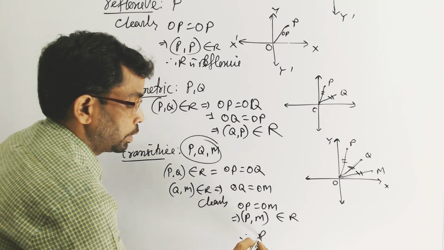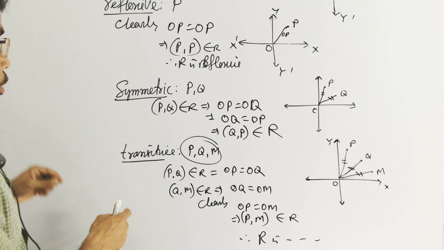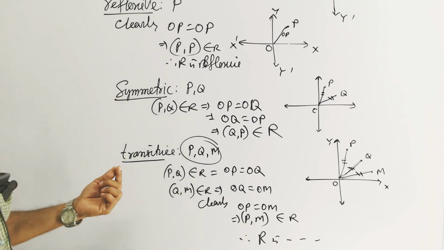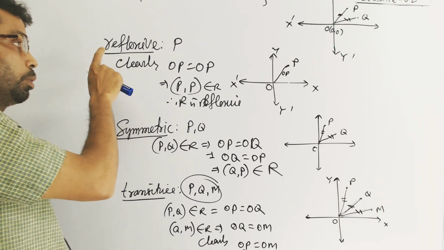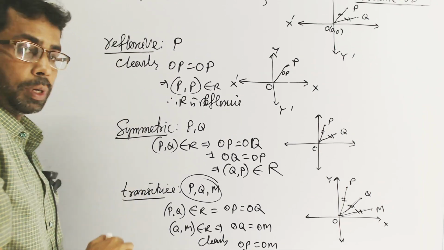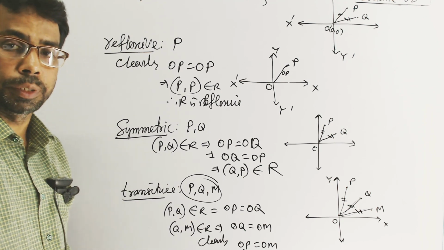Therefore the relation R is transitive, and hence it is an equivalence relation because it satisfies all three conditions: reflexive, symmetric as well as transitive.